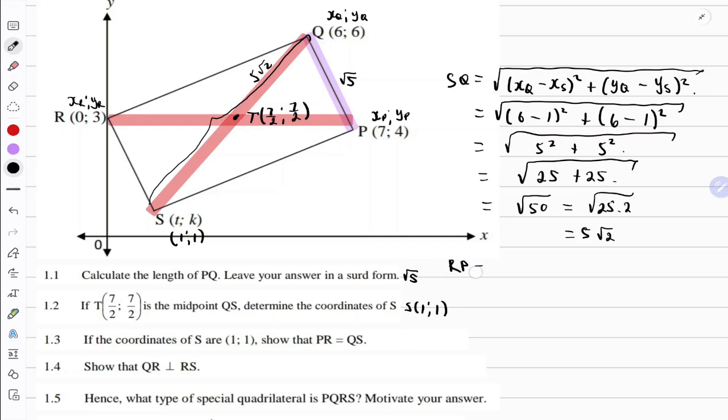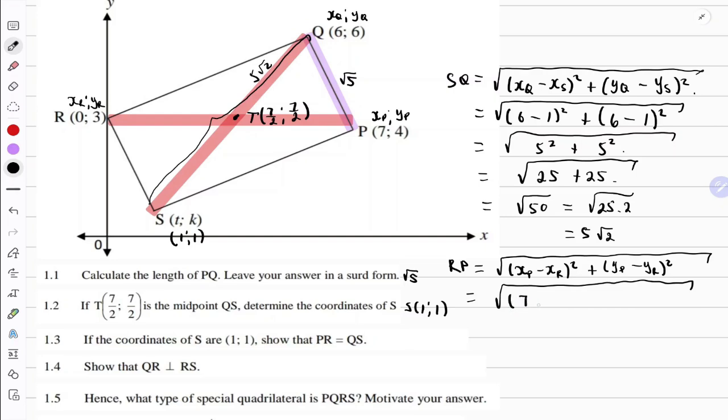RP should be equal to the square root of (XP minus XR) squared plus (YP minus YR) squared. So now we can substitute yet again. XP in the given case is 7 minus 0, squared, plus YP is 4 minus 3, squared.